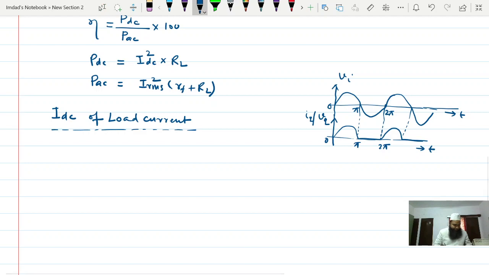So for the average value, we have a formula.